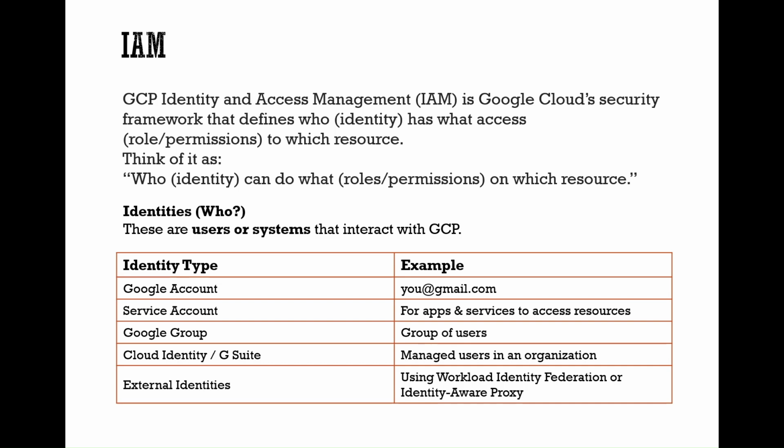So in every cloud platform, we have a concept of identity and access management that gives roles and permissions to any person. An account could be a service account, a Google group of users, or a group of service accounts.